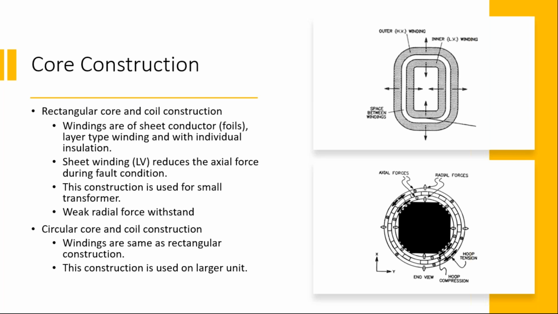Now going to the circular core, which is a stepped circular core, and on top of that we have circular coils. This is a very common construction for power transformers or medium power transformers.